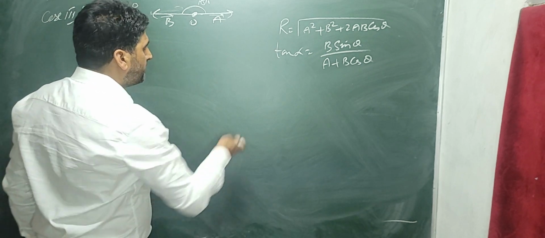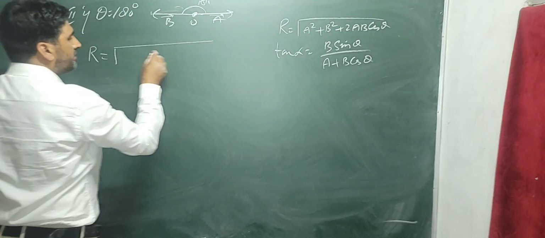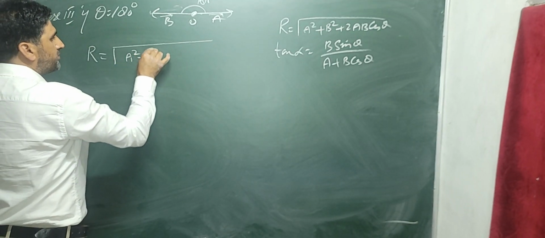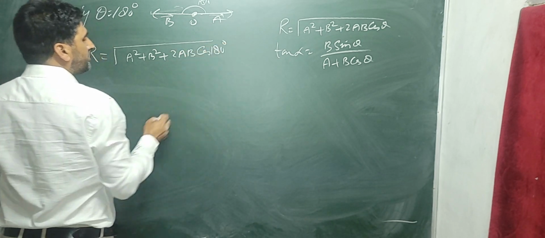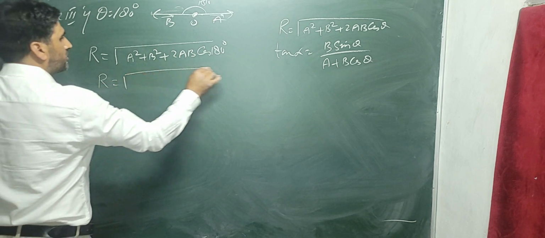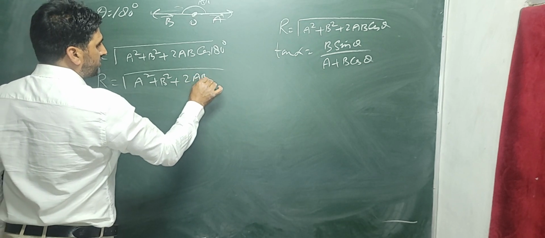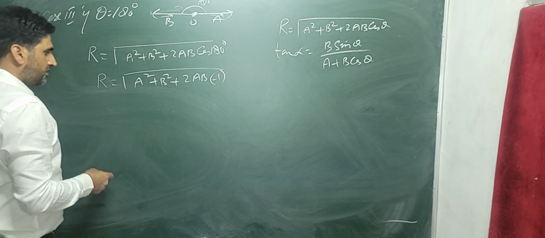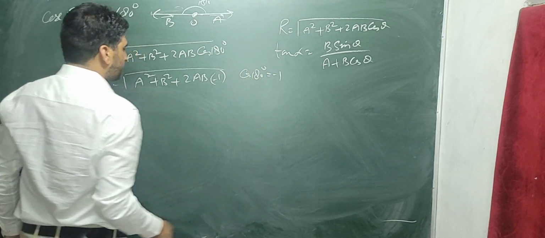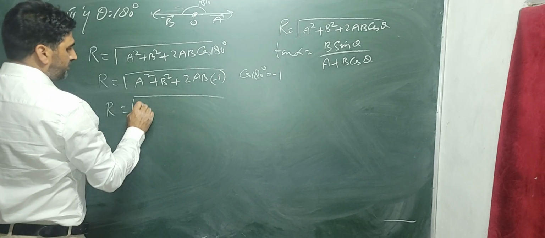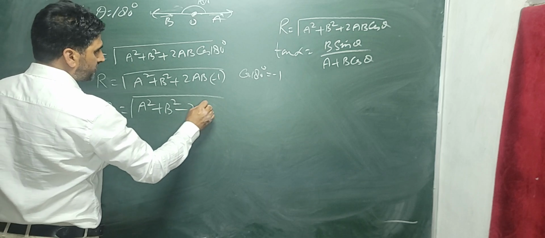Taking it first into consideration, R comes out to be equal to under root of A square plus B square plus 2AB into cos of 180 degrees. Cos 180 degrees is minus 1. So R is equal to under root of A square plus B square minus 2AB.